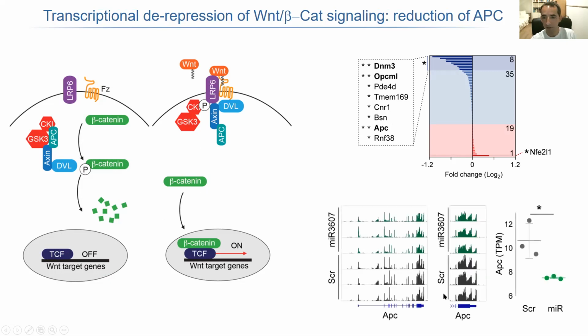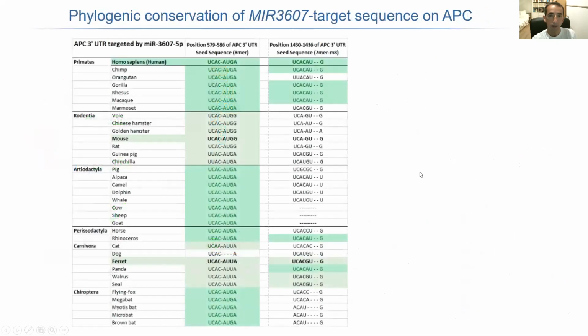And in fact, when we looked at our individual tracks from the RNA-seq analysis, we found that the levels of transcription of APC are also significantly reduced when we overexpress this microRNA. So then what we did was to look at the presence of these target sequences for our microRNA on the 3' UTR of APC, and we found that there are 2 predicted sites in the human APC 3' UTR.